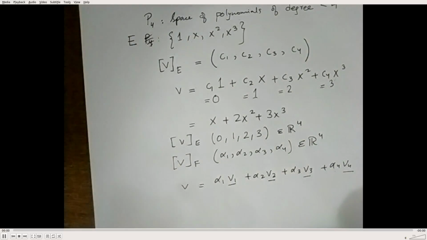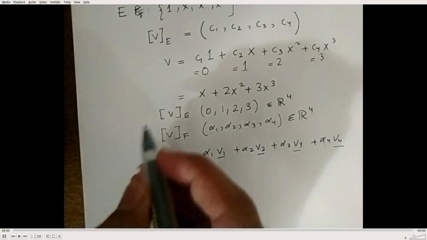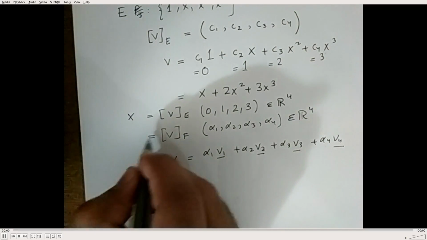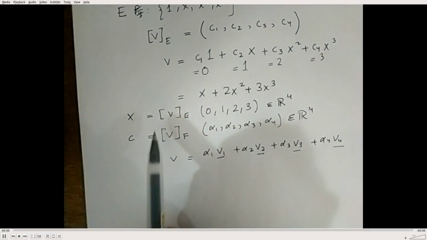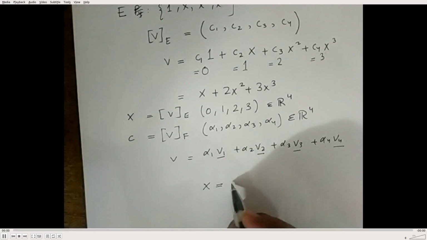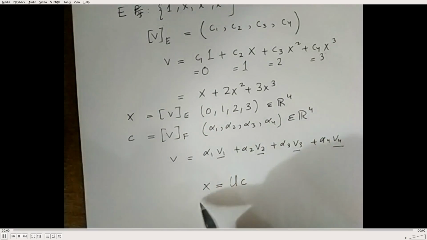And so recall that if I want to go from one coordinate to another, let's call this x, and let's call this c. So if I want to switch between two coordinates, I can still write an equation of the form x equals uc, where c is just this. c is in R4, x is in R4.